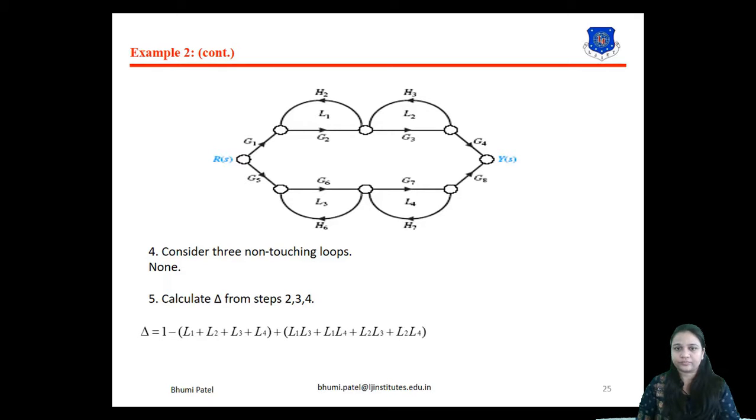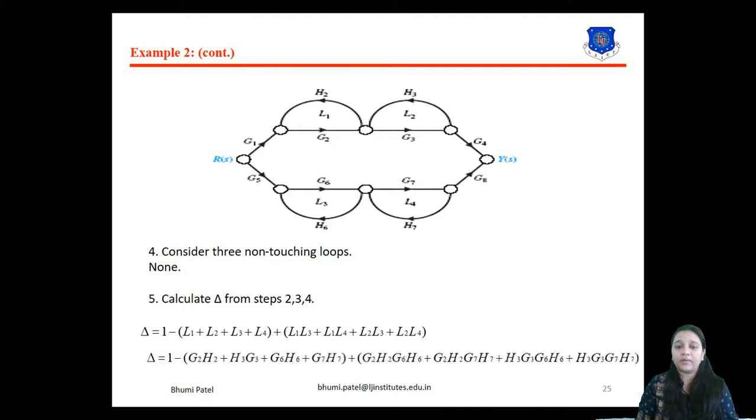So delta is equal to 1 minus single loops plus two non-touching loops. The equation is delta equal to 1 minus L1 plus L2 plus L3 plus L4 plus in bracket L1 L3 plus L1 L4 plus L2 L3 plus L2 L4. So delta is equal to 1 minus this equation.